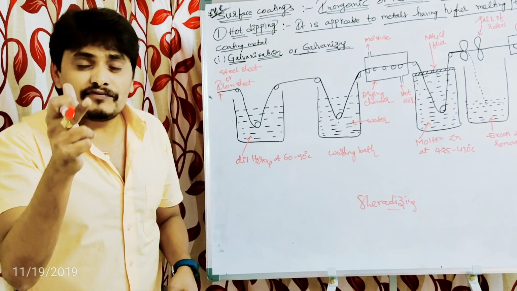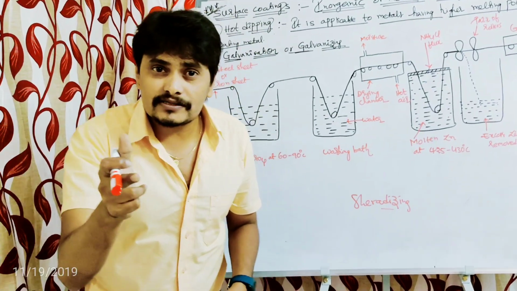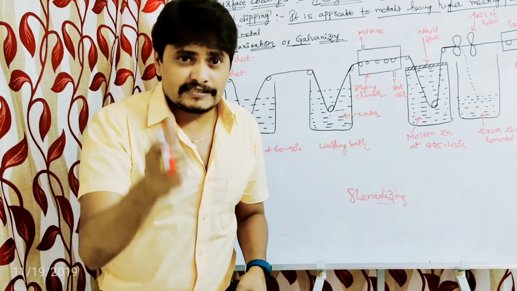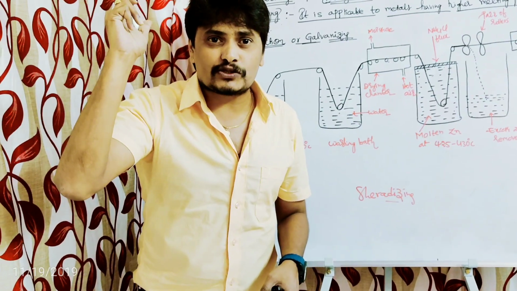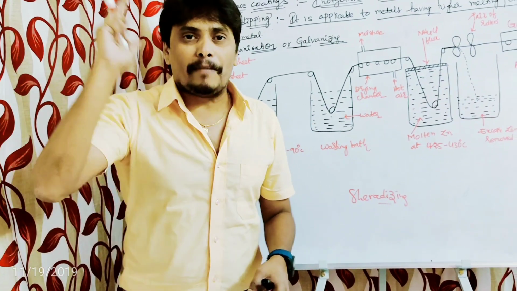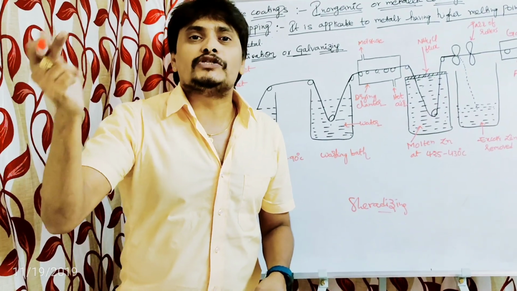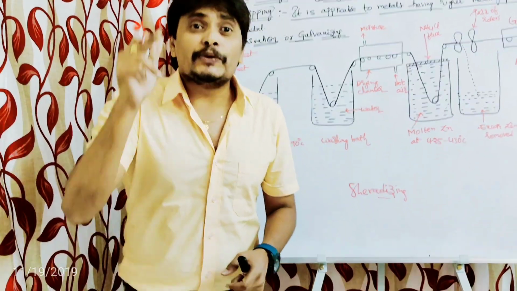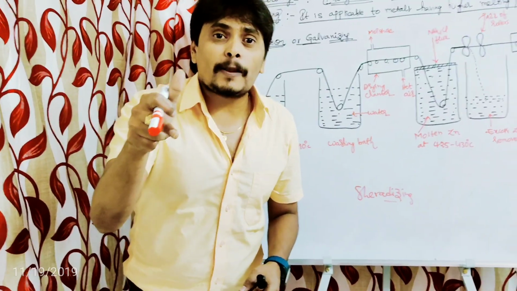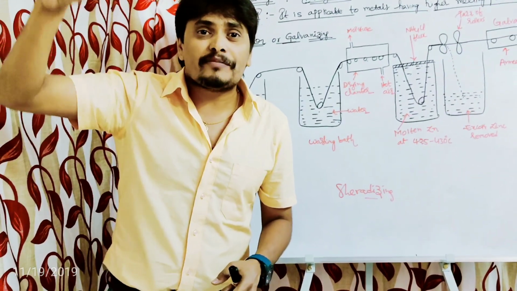What is the reason for removal of the sulfuric acid from the surface of the base metal, students? Because in galvanization, which is one of the surface coating methods of corrosion control, we are using zinc as the coating metal, and zinc is present above hydrogen in the electrochemical series.